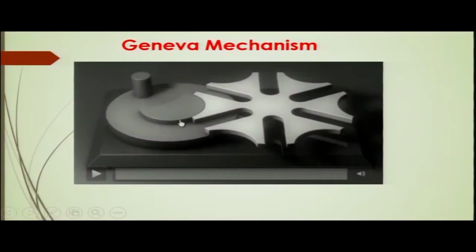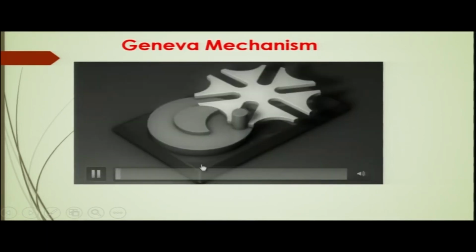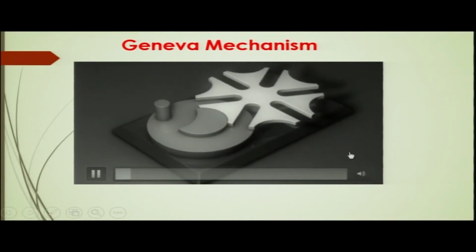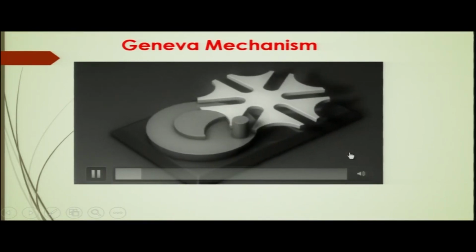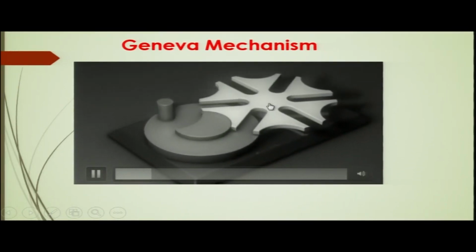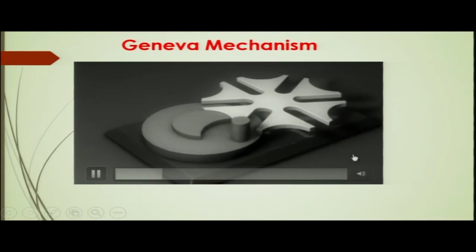In those kinds of movements, the Geneva mechanism is very effective in transmitting the power. So, here this is the input shaft on which the pin is mounted, which is rotating continuously, and while rotating continuously the pin goes into the slot and comes out when the Geneva wheel moves from one position to another position.